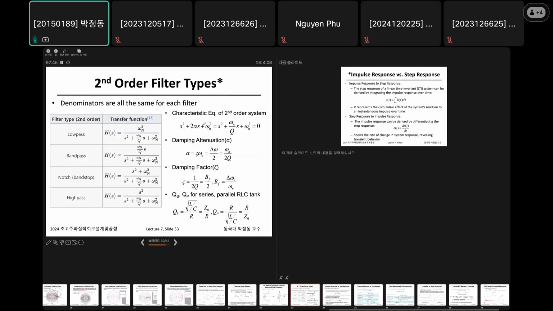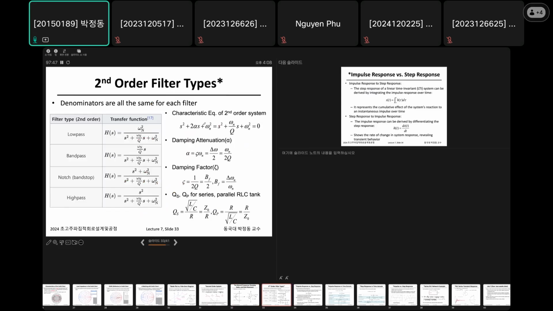With this second order system, you can easily differentiate the type of filter. For example, if the transfer function looks like this with the omega n scale, this is a low pass filter.